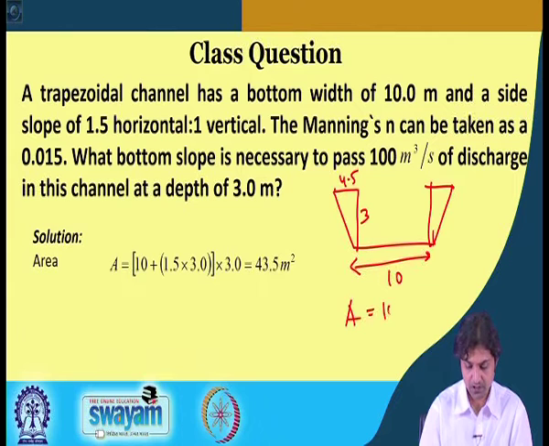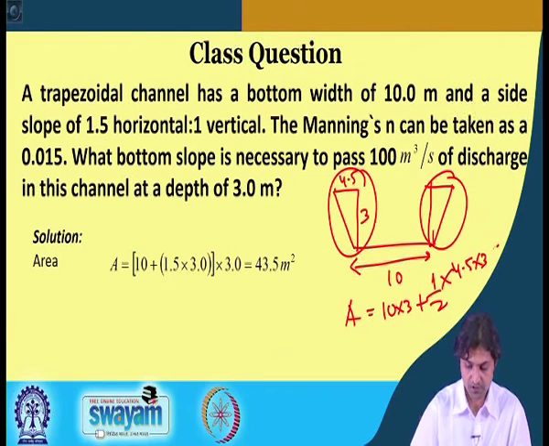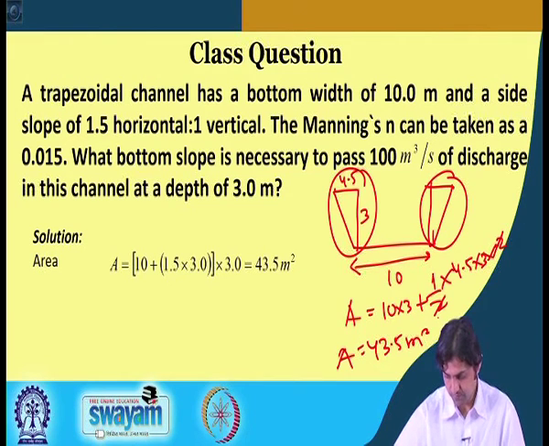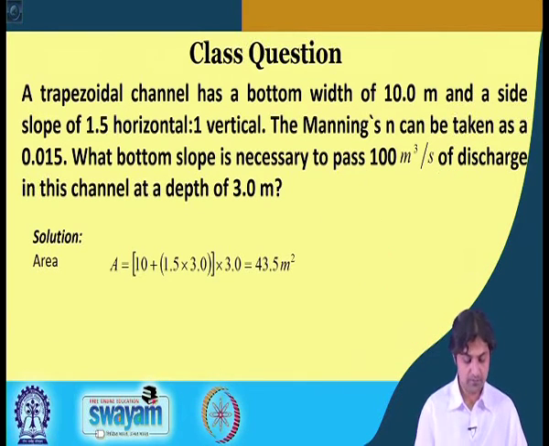So, area is 10 into 3 plus half base, which is 4.5 into 3 for this one, and the same for this one, into 2. So, area is going to be 43.5 meter square. So, what is given is correct.